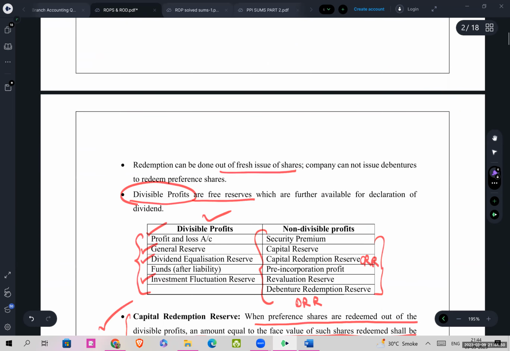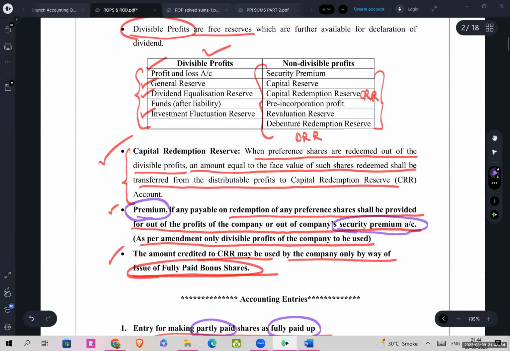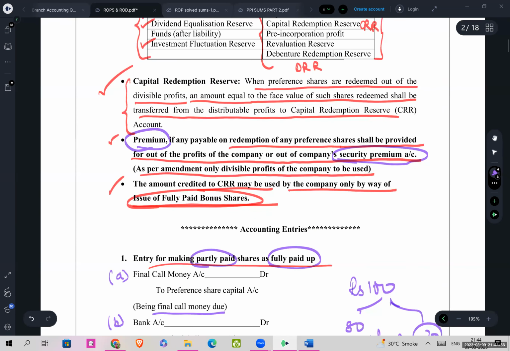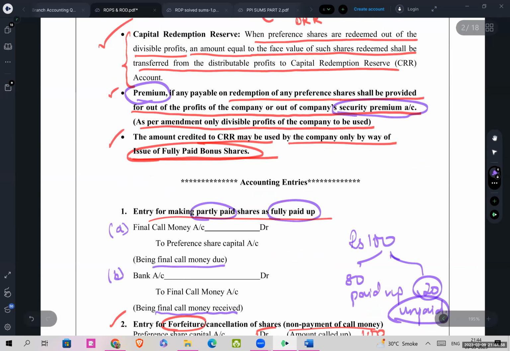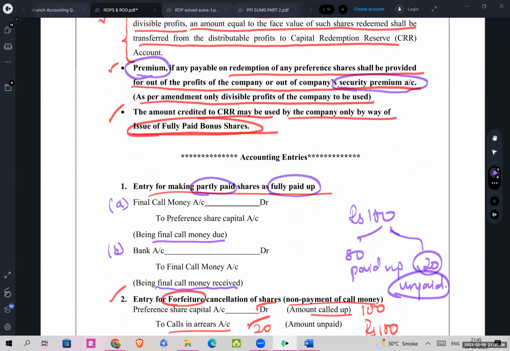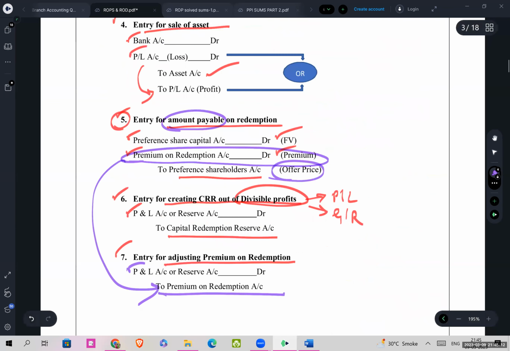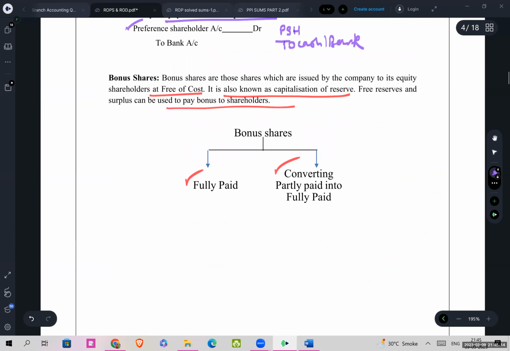Maybe it's not mentioned in this, but CRR and securities premium account will not be used for fully paid bonus shares. Maybe the mention is not here, but you all just make a note of this.